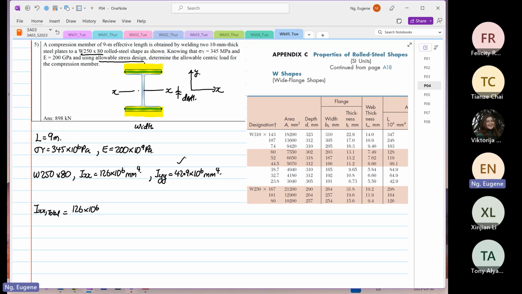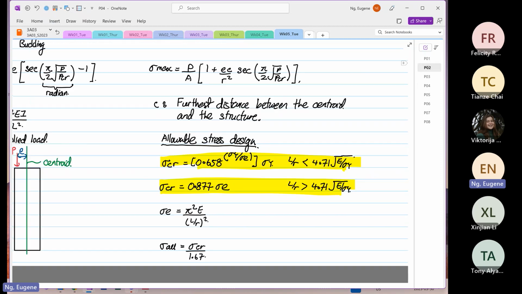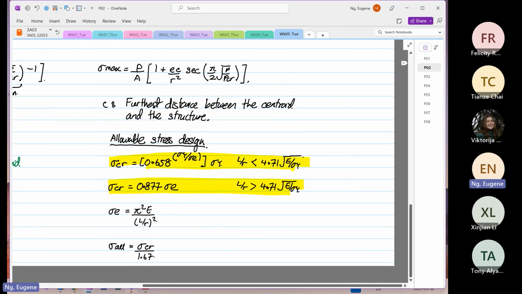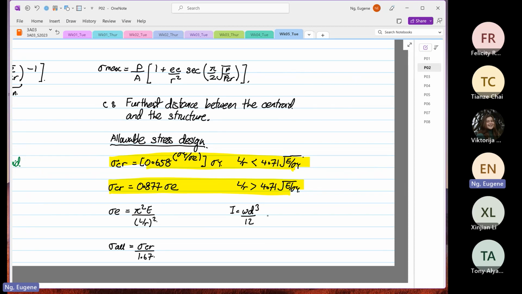So for the IXX formula, maybe we forget, you go back here, you provide it on your formula sheet. So I is equal to width times depth cubed over 12 plus the area times the global centroid minus the individual centroid, squared. If you don't remember, just write that down.